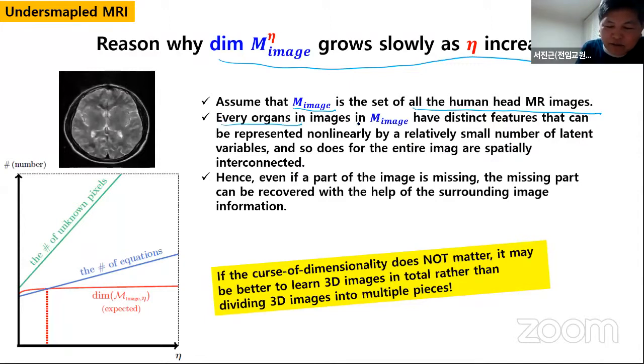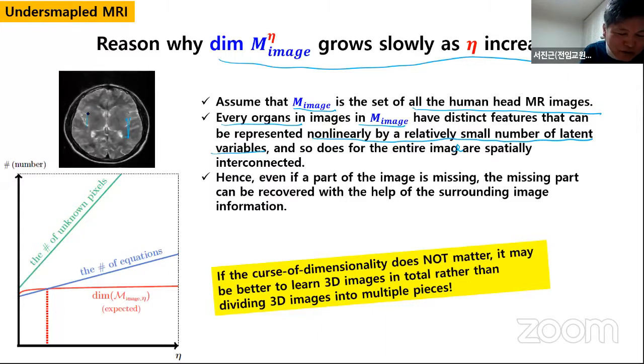Every organ in an image in the manifold has a distinct feature that can be represented non-linearly by a relatively small number of latent variables. And so does the entire image; images are spatially interconnected. So that's the reason why inpainting is working.